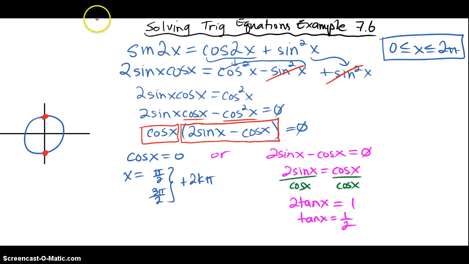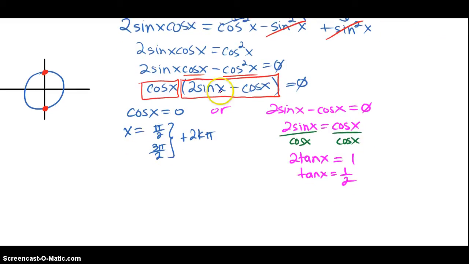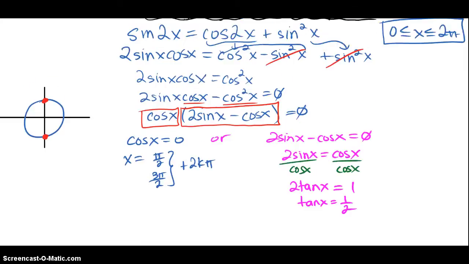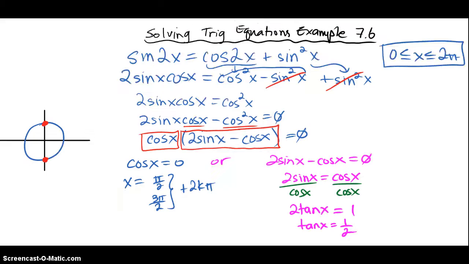Alright, so what we're going to do now is, because our domain is from 0 to 2 pi, I don't have to play around with k. If I let k be 1 here, where k is any integer, I'm going to add 2 pi to these two, and then I'm going to be more than 2 pi, and so I'm going to be out of my domain.